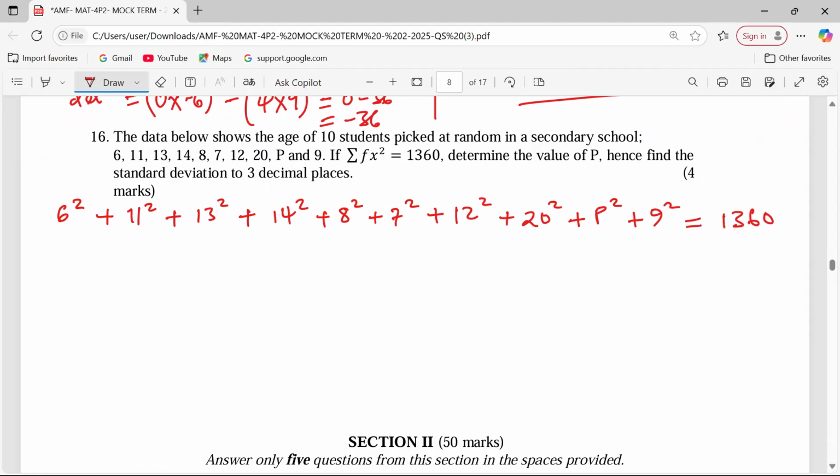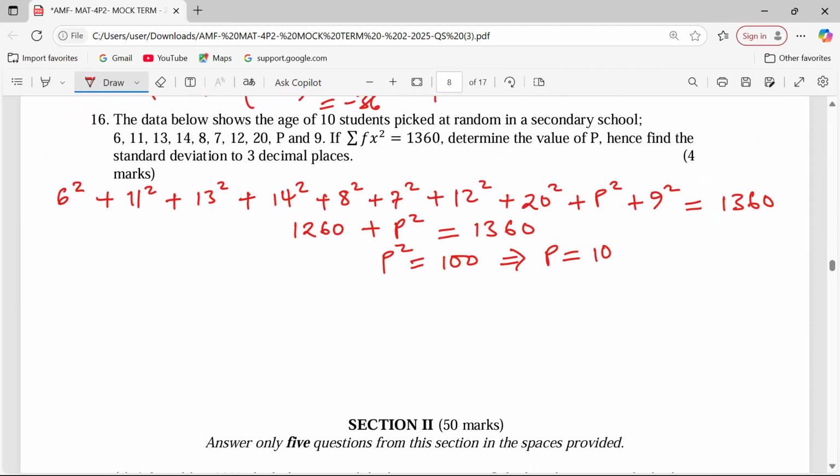So how shall we remain with P squared? When we add all this, we are getting 1260 plus P squared equals 1360. Therefore, P squared equals 100, implying that the value of P equals 10. So the age of the 10th student is 10.